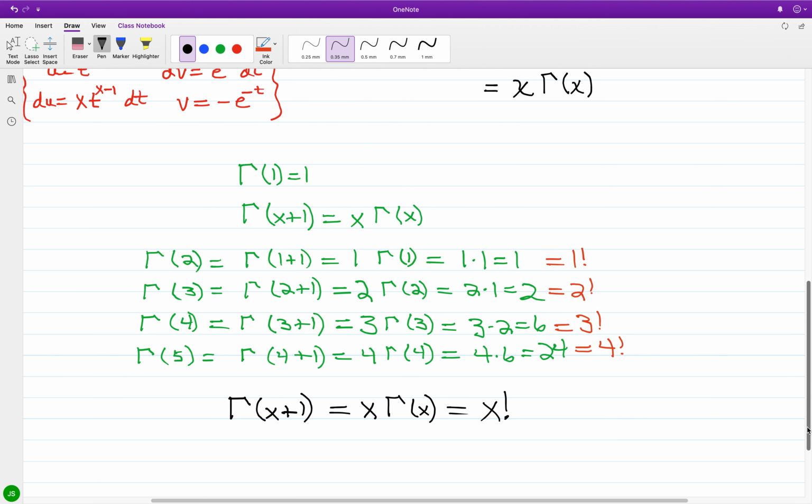Now in Maple, instead of x, we have the input variable as n. So in the same vein, we can say gamma of n plus 1 is equal to n times gamma of n, and that is going to be equal to n factorial.